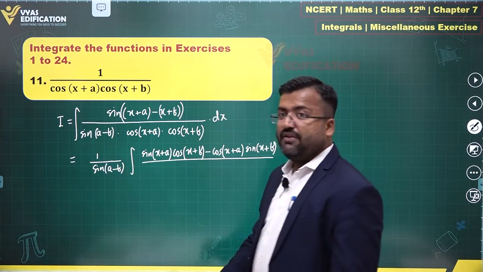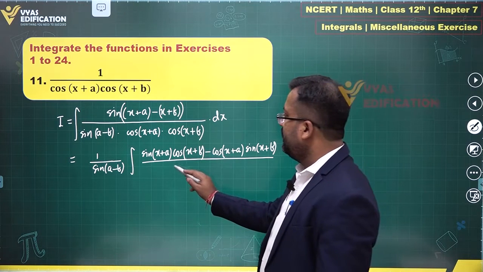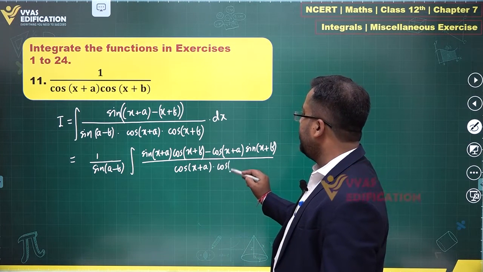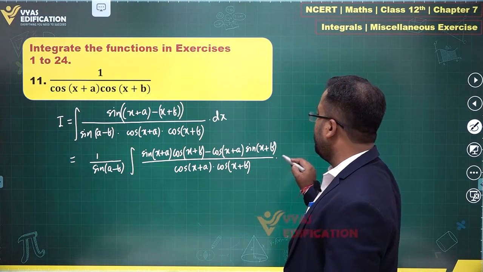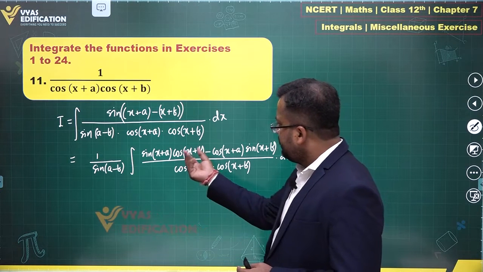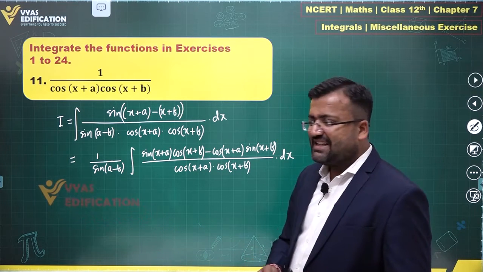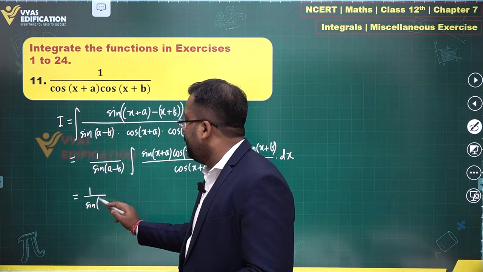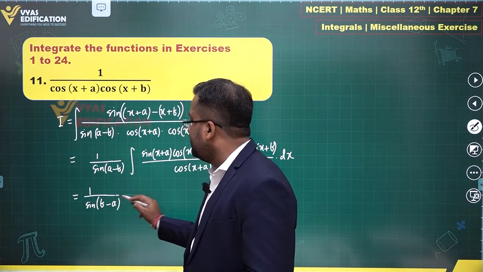And now you will see the benefit of applying that step. cos(x+a) times cos(x+b) is what we have in the denominator, dx is already there, right? So this cos(x+b) will get cancelled from the first term. 1 upon sin(b-a) remains as it is.